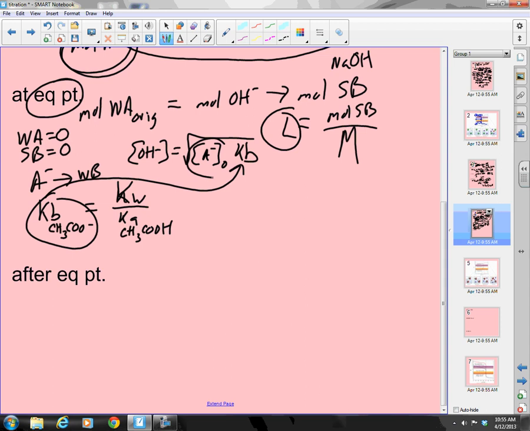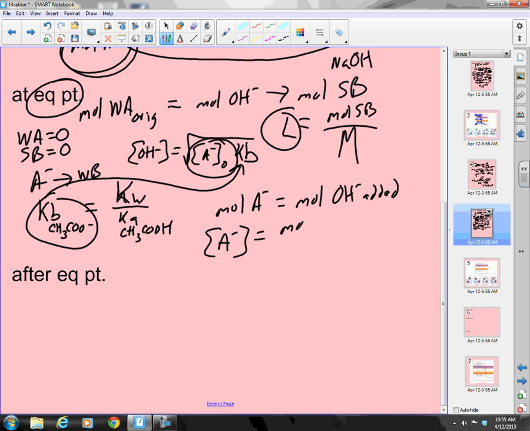How do I get my original concentration of A minus? Well, I'm going to get moles of A minus, which is equal to what? In this case, moles of OH added, which should also be equal to the moles of my weak acid to begin with. But this time I need to get my concentration. It's not like Henderson-Hasselbalch. I don't have a fraction here, so I need to get my conjugate base molarity.